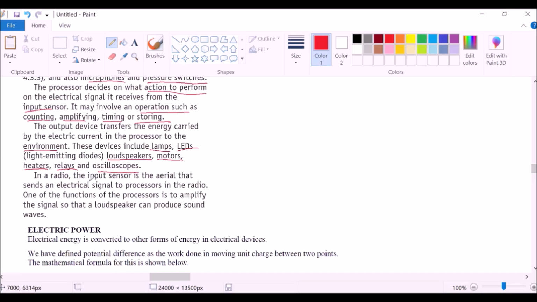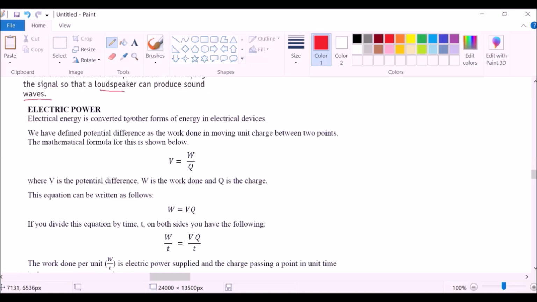In a radio, the input sensor is the aerial that sends an electric signal to the processor in the radio. One of the functions of the processor is to amplify the signal so that a loudspeaker can produce a sound wave. Electrical energy is converted to other forms of energy in an electrical device.